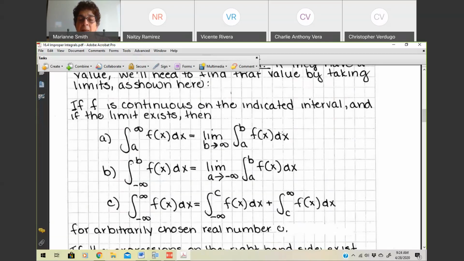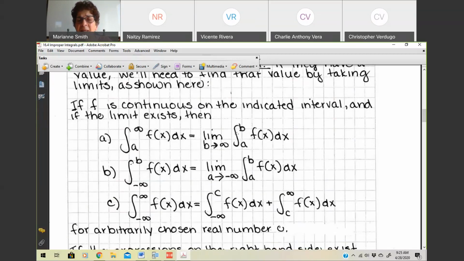Again, this is just a device that makes it easier to take the limit by letting b head off to infinity. Remember, we don't plug in infinity like it was a number. It's not a number.